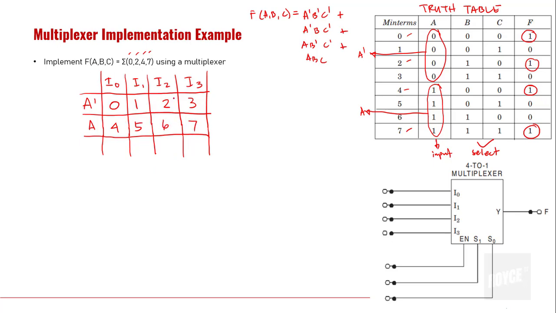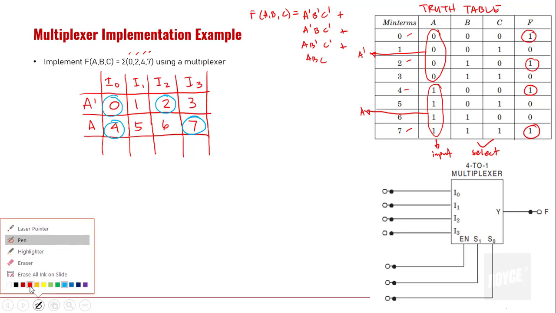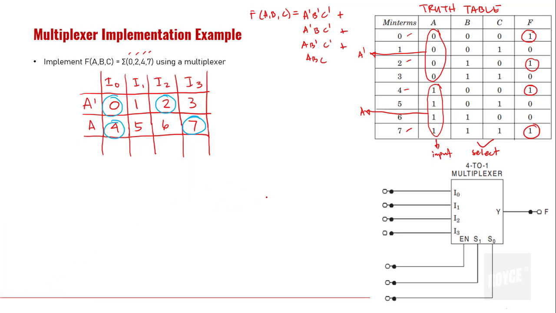Yung 0, 1, 2, 3 nandito sa complemented. 4, 5, 6, 7 nasa uncomplemented form. And then titingnan natin alin yung mga minterms na nagamit natin. Sabi ay 0, 2, 4, tsaka 7. Now, paano na natin ito gagawin?